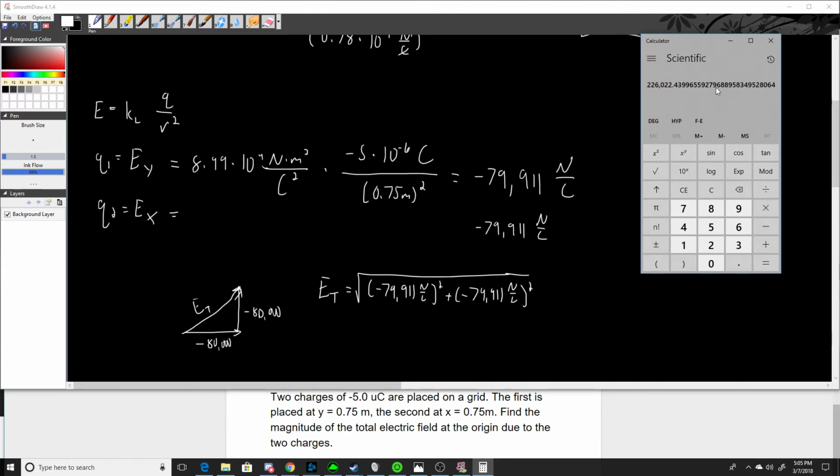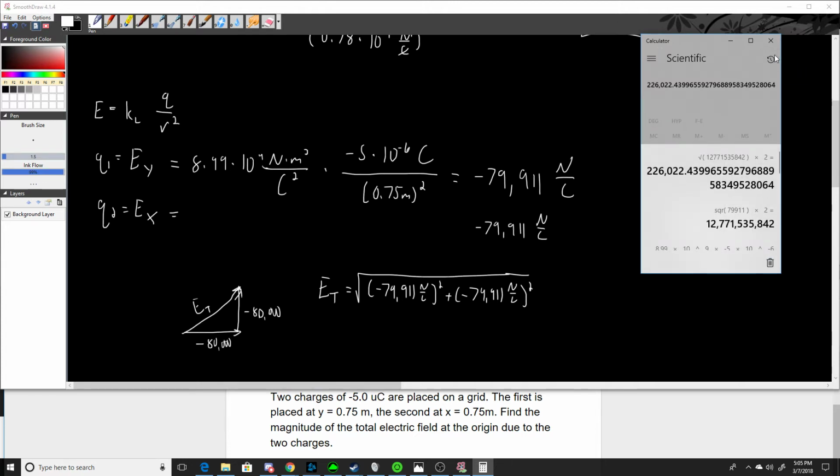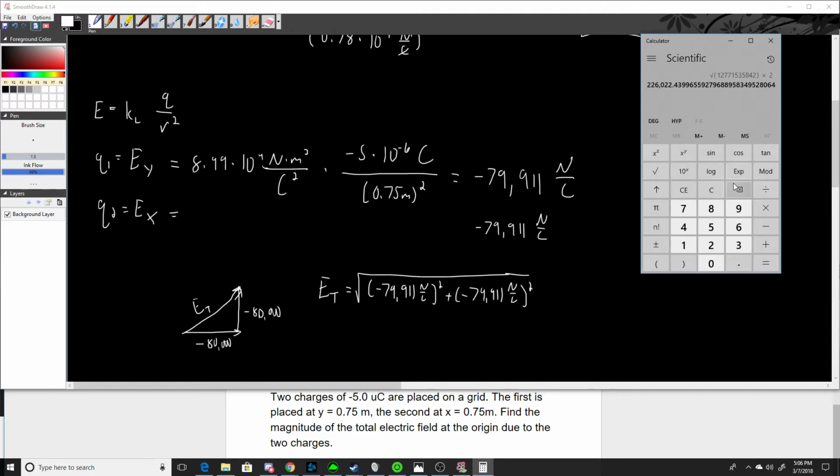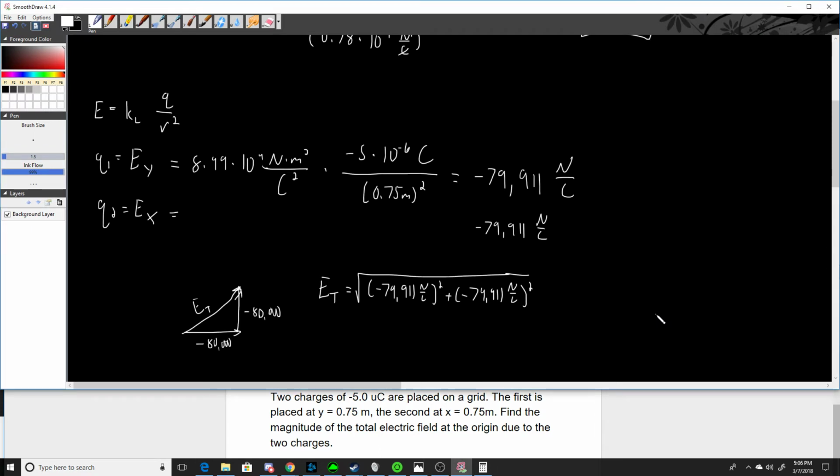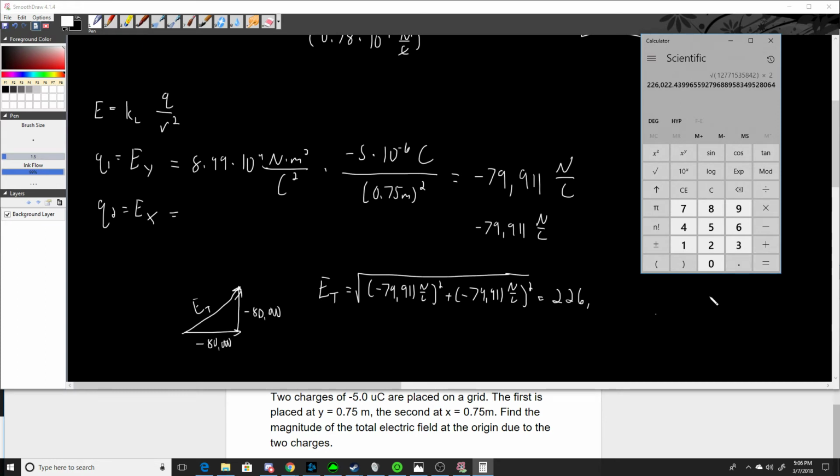That doesn't seem right. I get 226,000 newtons per coulomb, and that doesn't seem right to me.